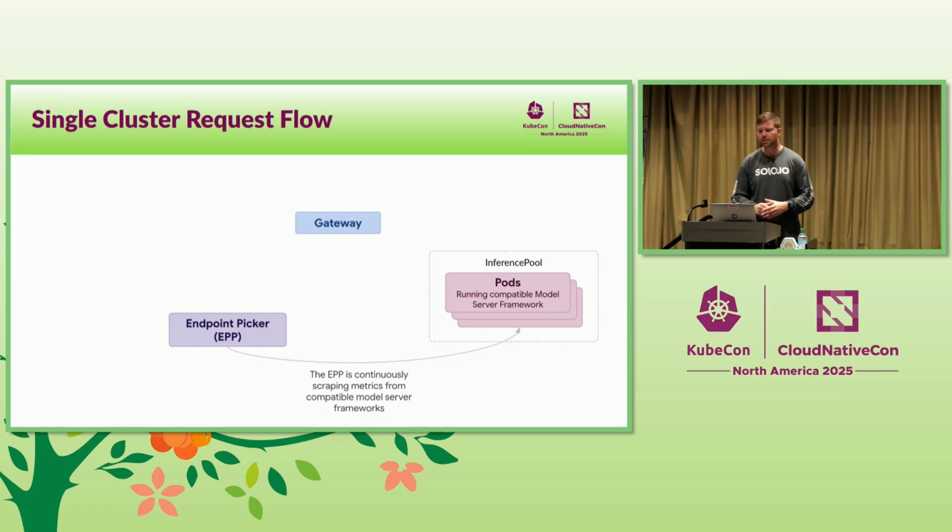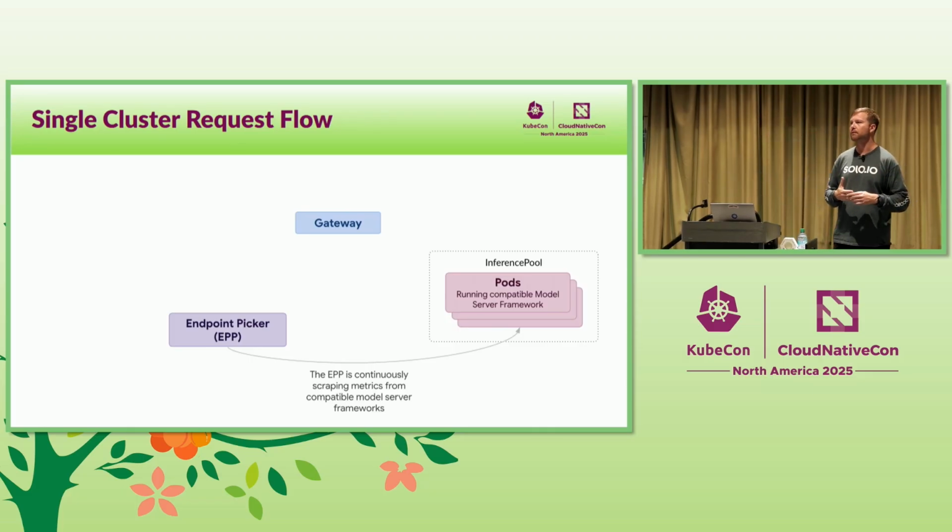And so at a high level, this is what a request looks like. Even before a request comes in, we see we've got our gateway, our EPP, and then our backend pods that are part of the inference pool. And even before a request comes in, that endpoint picker is scraping metrics from the backend model servers to help it determine what is the best model server to route the request to, right?